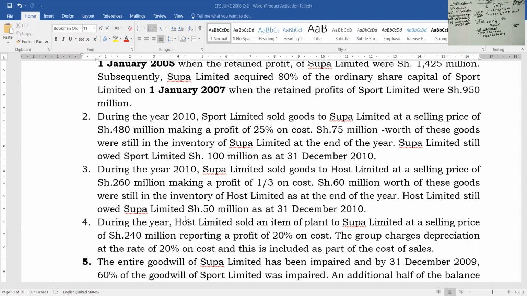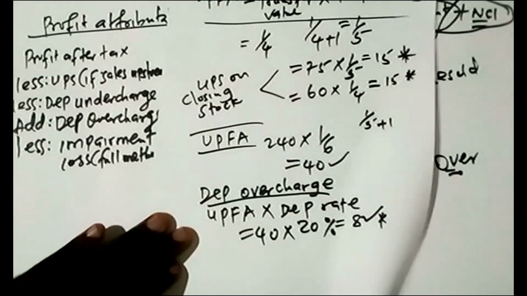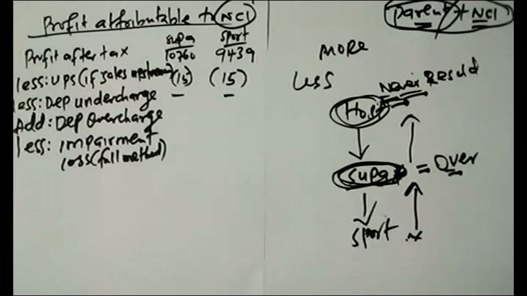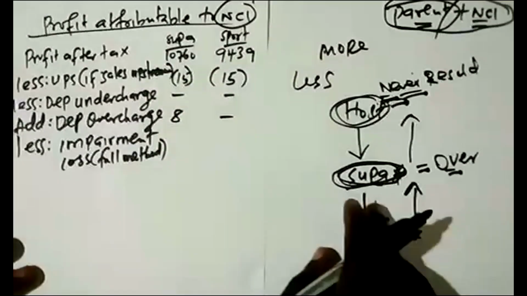During the year, host limited sold an item of plant to super at the selling price of 240. So host sold an item of plant to super, so it was concerning super. So the 8, that is depreciation overcharge, we record under super. So this one is not there.